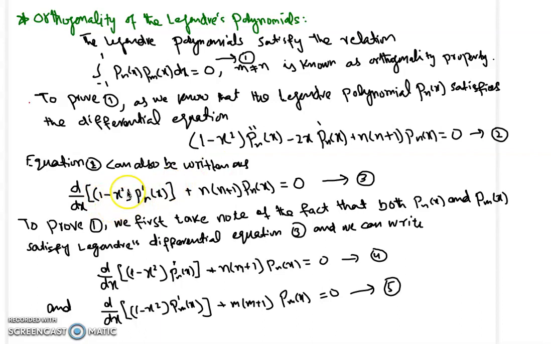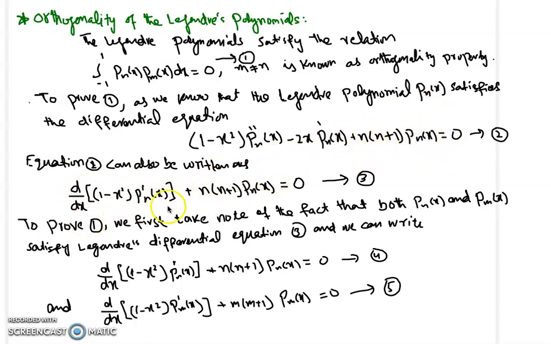plus the second term Pn dash times the derivative of the first, which is minus 2x. So this in short can be written in this form of a differential, and the last term stays in its own position.